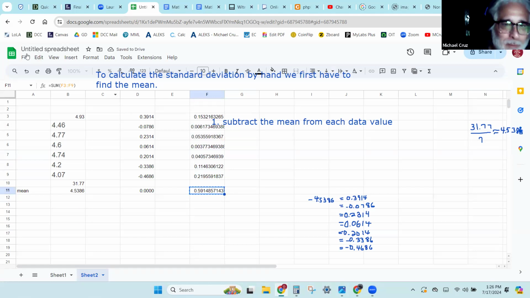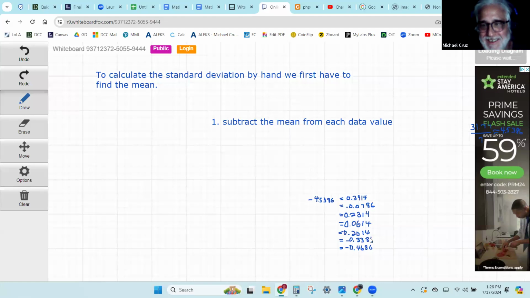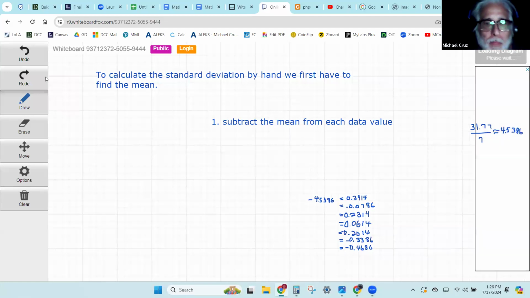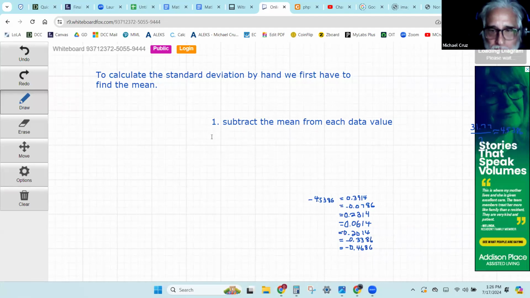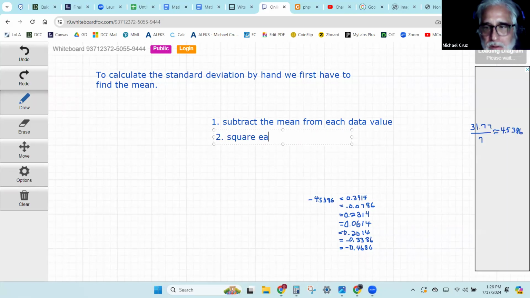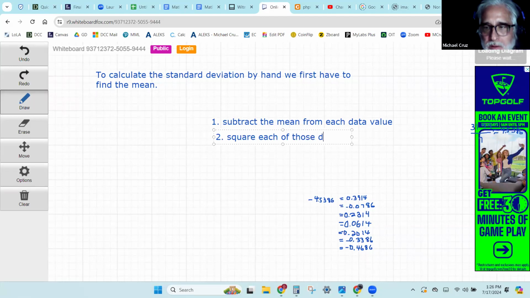So I'm going to jump back over here. Then we square them. They're called deviations, but it's the difference between the data value and the mean.